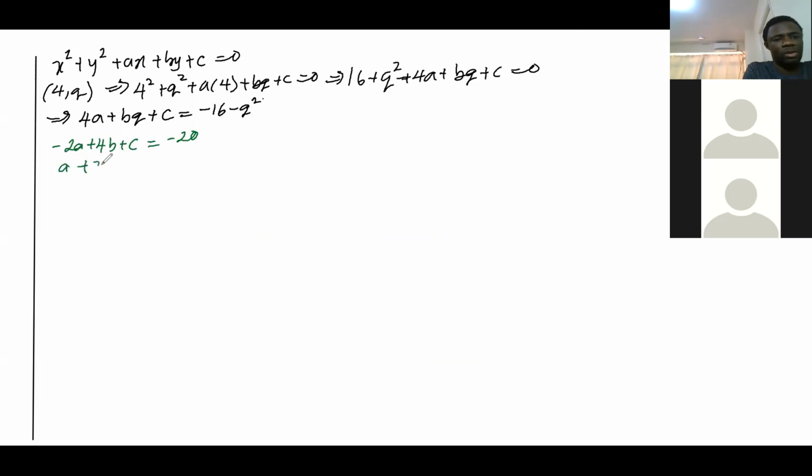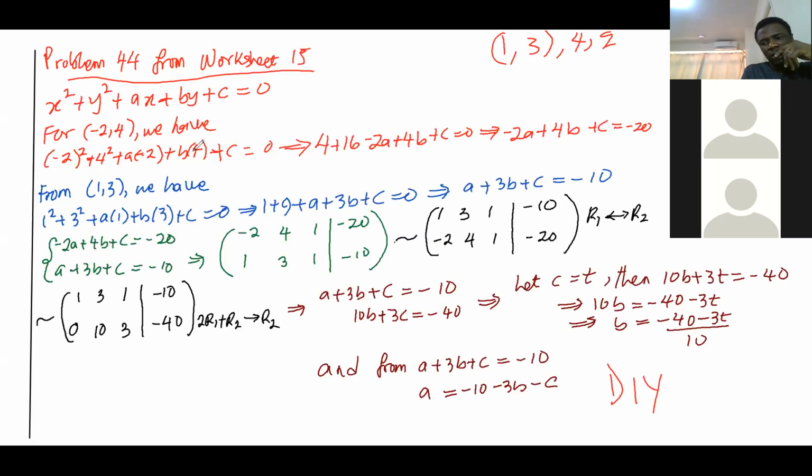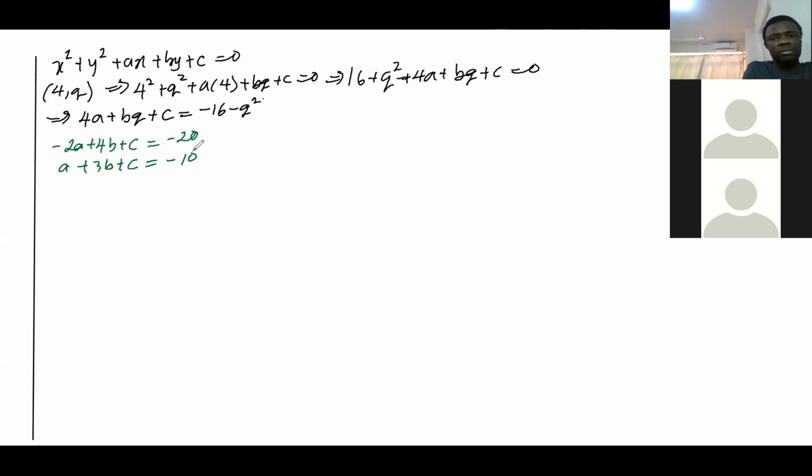Then a plus 3b plus c equals negative 10, I think. A plus 3b plus c equals negative 10. And now we have 4a plus bq plus c equals that. So that's a new system.